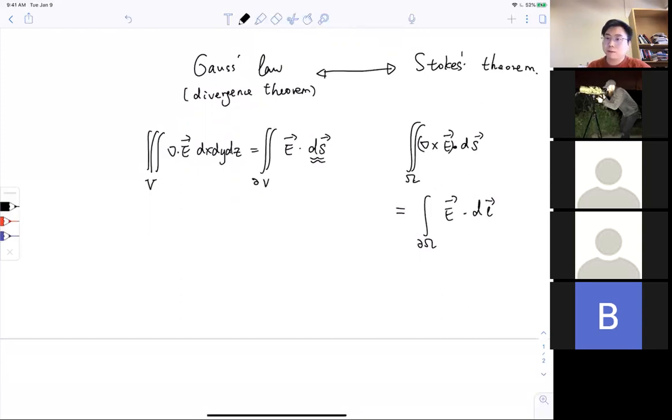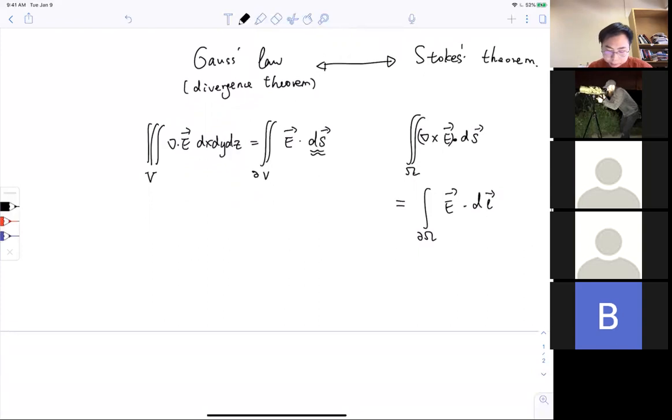The boundary of a surface is a loop, right? So this identity connects the volume and the boundary of the volume. This identity connects the surface and the boundary of the surface.